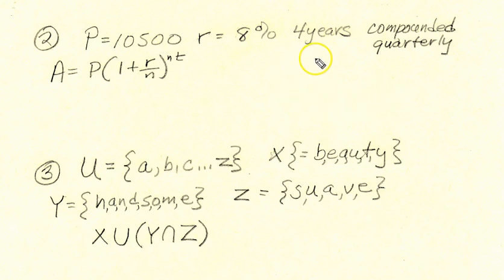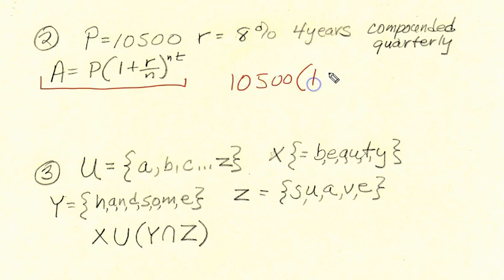Now for number 2, they are giving us the compound interest formula. Here is the data, and it's a matter of setting it up. So our P is going to be 10,500, parentheses 1, plus, now the rate is 8%.